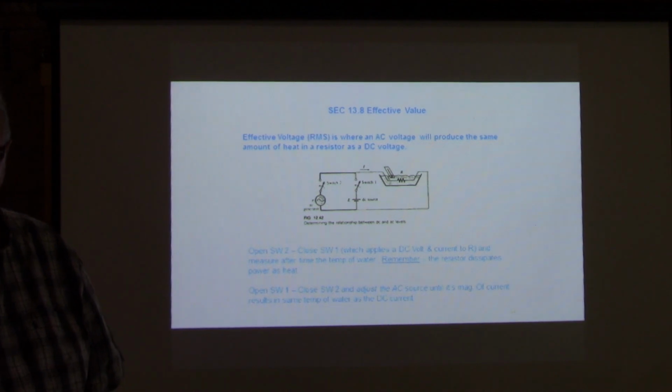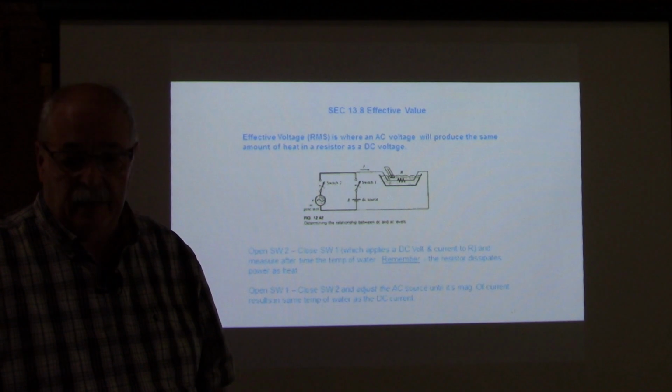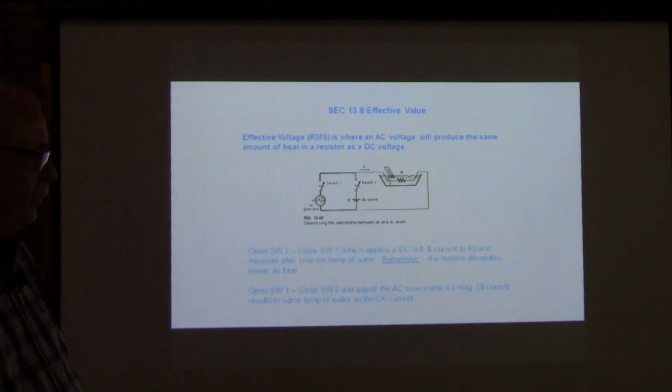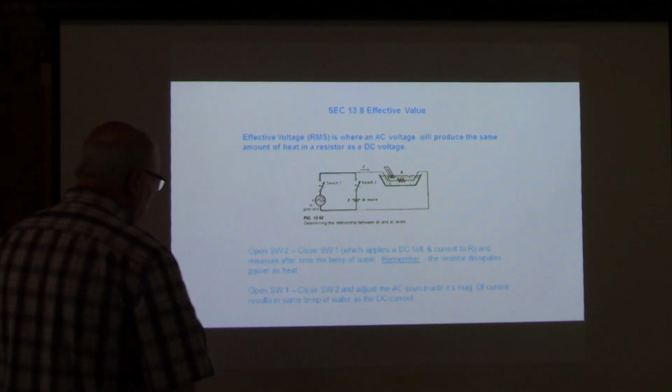You have a DC voltage heating up a pan of water. What voltage in AC does it take to do the same thing? So they came up with this little test, where they take a resistor, put it in a pan of water with a thermometer, and they close the first switch, which is a DC supply here.